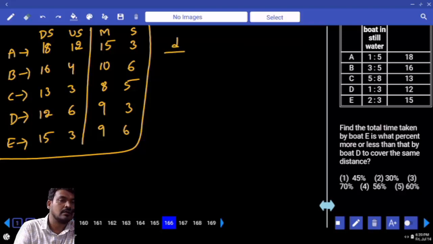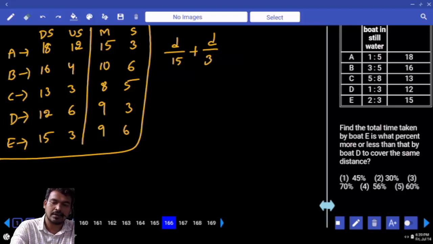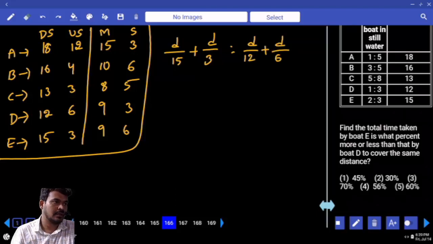D. What is the boat E downstream speed? 15. Plus boat E upstream distance also D. What is the upstream speed? 3. D by 15 plus D by 3. We get the total time of boat E. Again we require boat D value. Boat D means D by 12 plus another one D by 6. We get the ratio, after that we get the percentage.